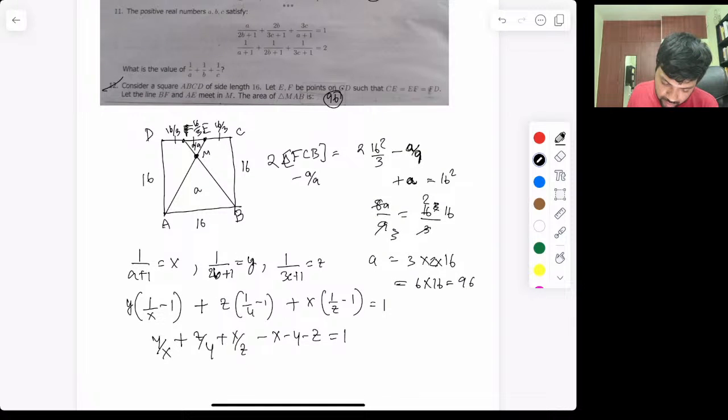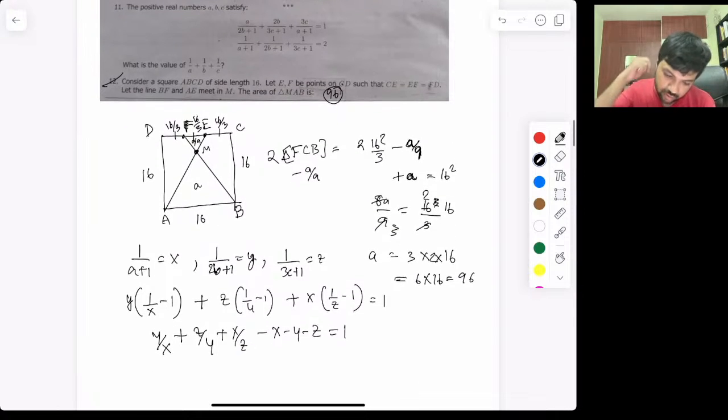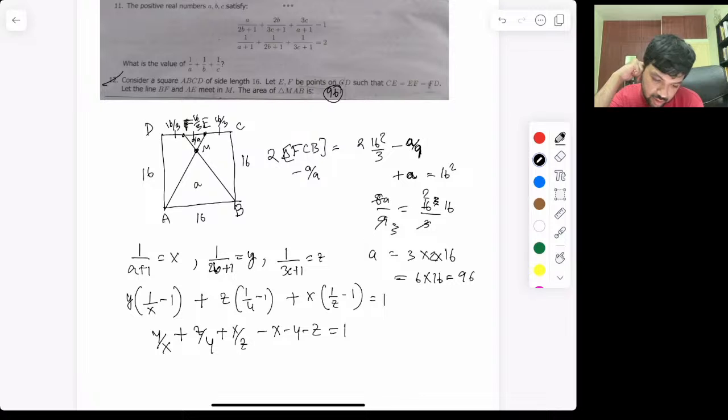Maybe I should have chosen some other variables then. Just let me see. 3c plus 1 minus 1. If I do, what will I get? 2b plus 1 minus 1 if I do.